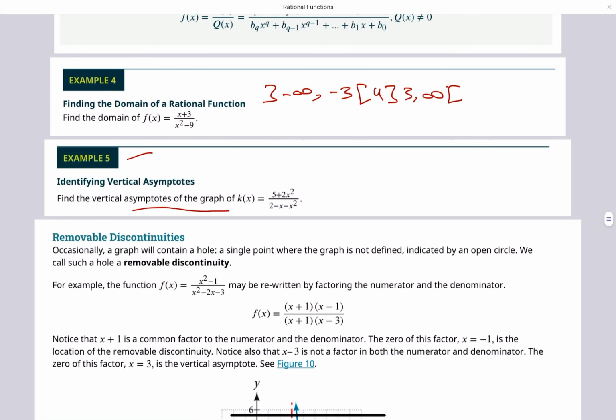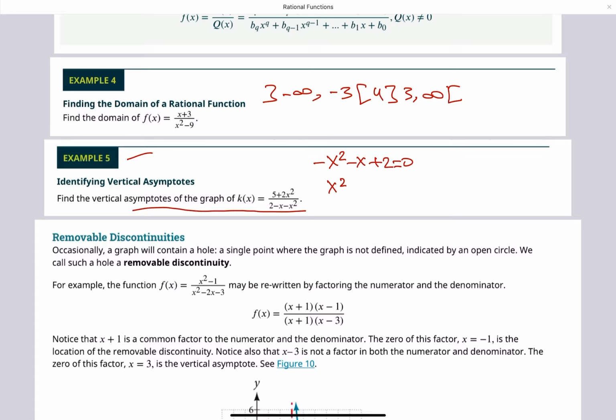Find the vertical asymptotes of the following. Well, what am I going to do? Remember, to find vertical asymptotes, you take the denominator and place it equal to 0. So I have negative x squared minus x plus 2 equal to 0. I don't want to deal with this negative, so I'm going to multiply both sides by negative 1.